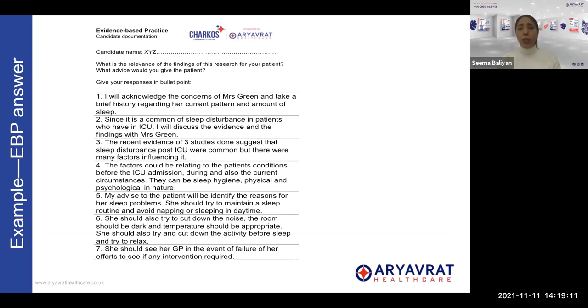This is how the sheet is going to be: you are going to get an A4 sheet, which will have your candidate name. Then you will have to write down what is the relevance of the findings of this research for your patient, and what advice you would give to the patient. And you have to write it in bullet points.